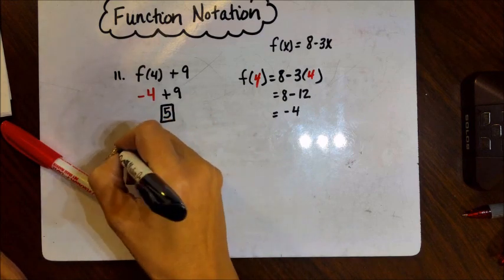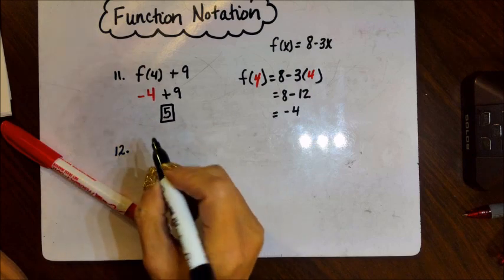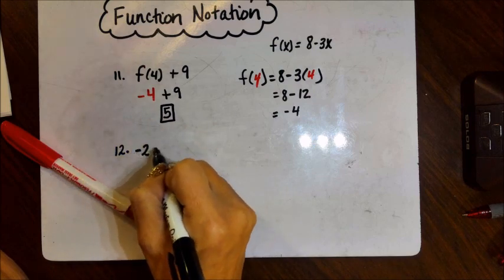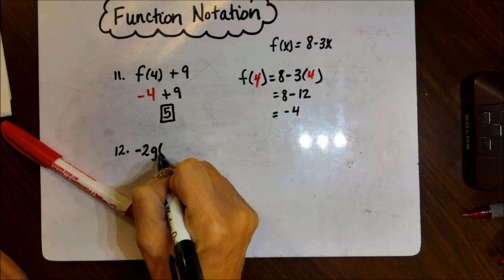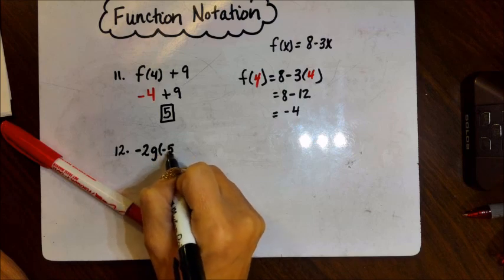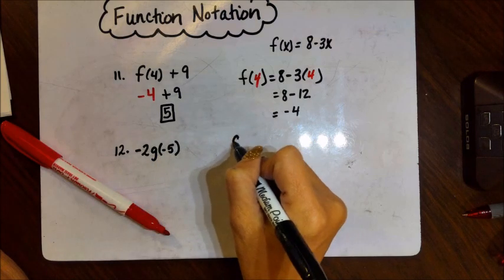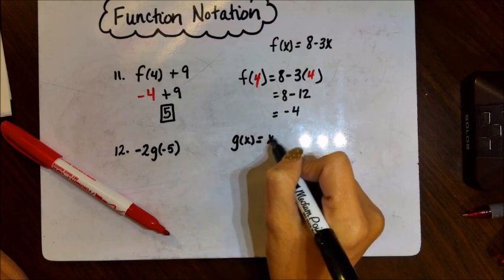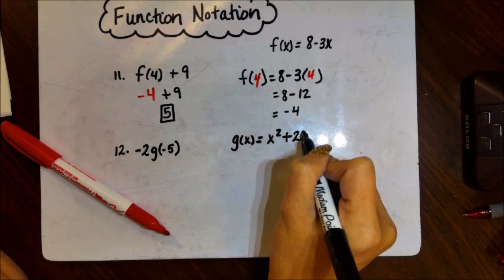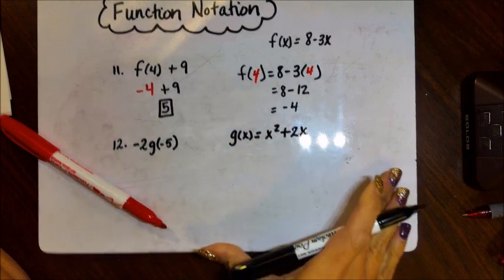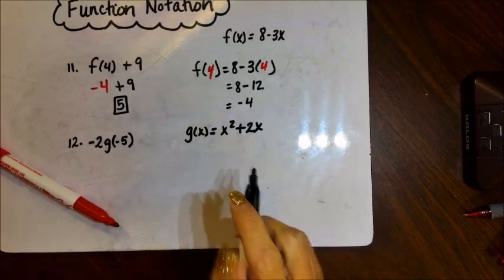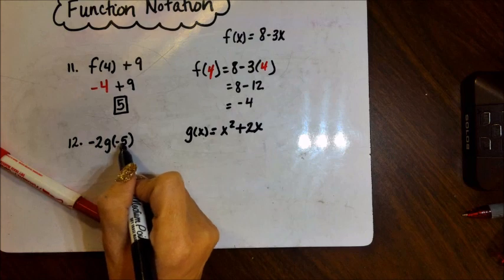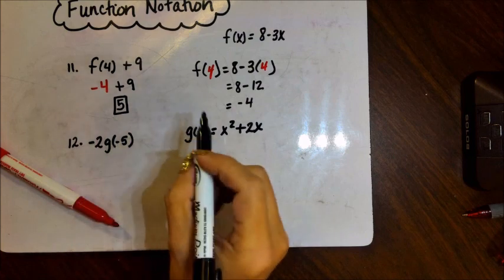Okay, let's try number 12. Negative 2 g of negative 5. Okay, so g of x, let me go over there and look at what it is. It is x squared plus 2x. So this says take g of negative 5 and multiply it by negative 2.